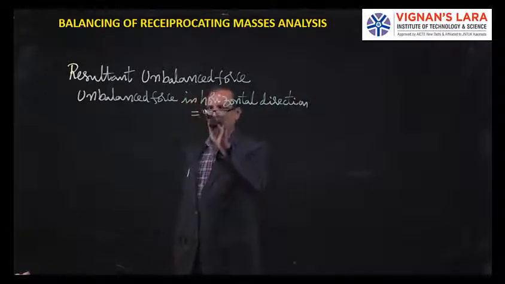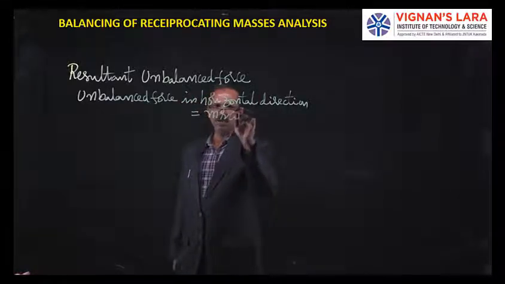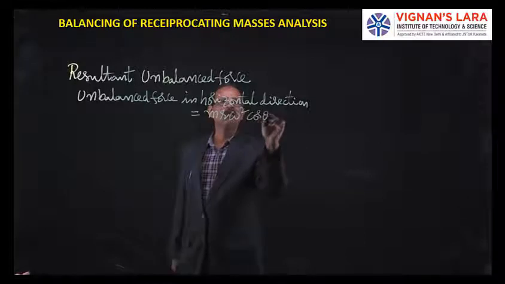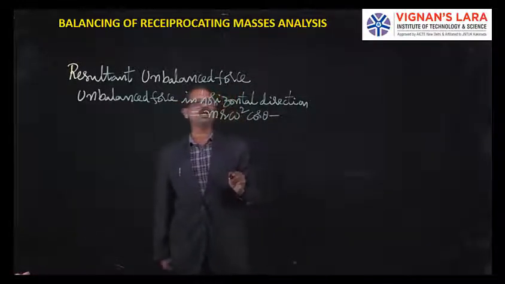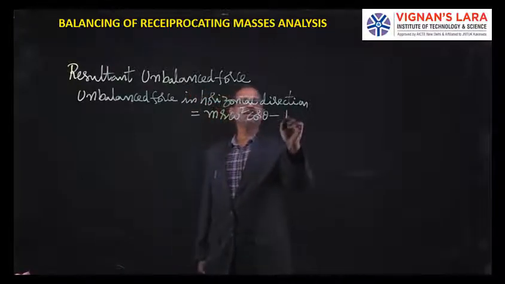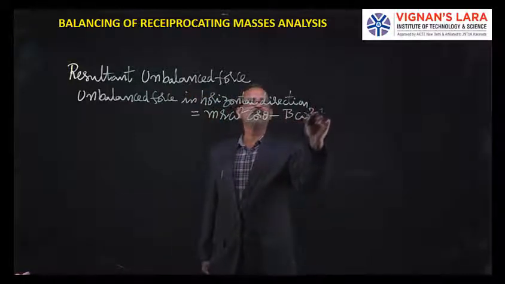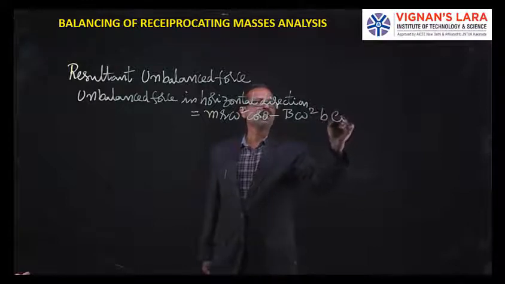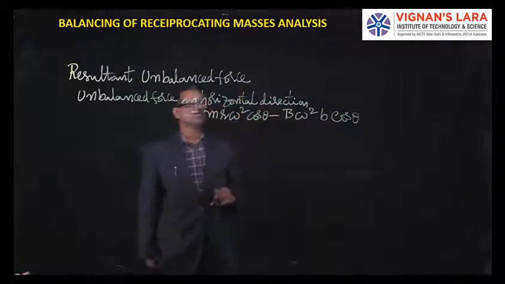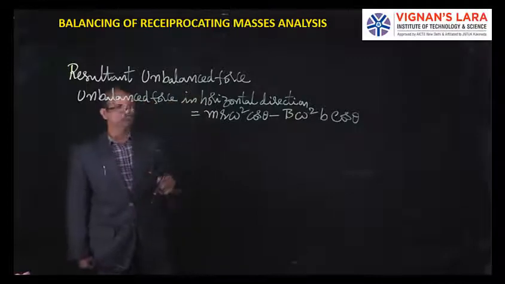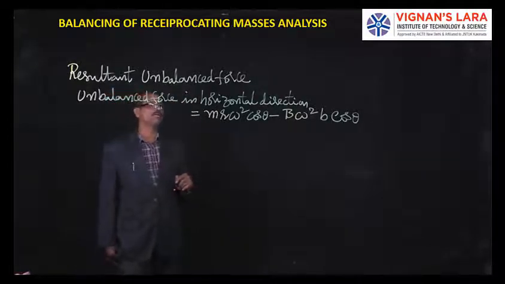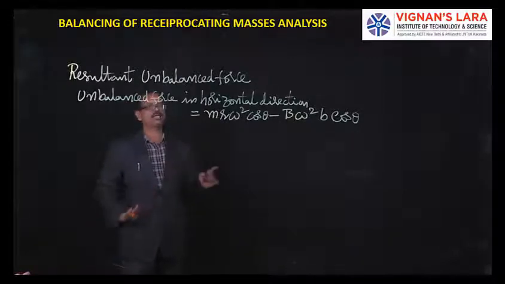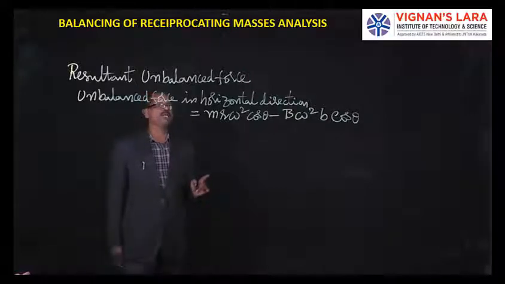Our unbalanced force is mr omega square cos theta, and this is balanced partially by b omega square b cos theta. So we have seen just now that the component of b omega square b cos theta along the x-axis and along the y-axis, I said it is not completely balanced. So only partially balanced.